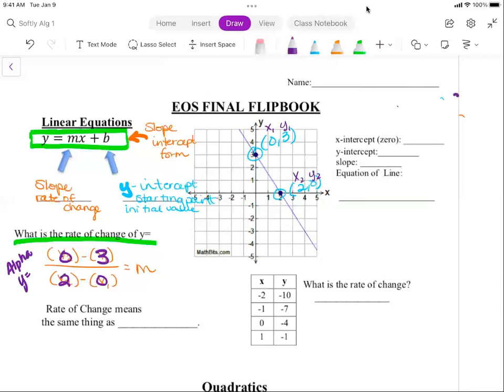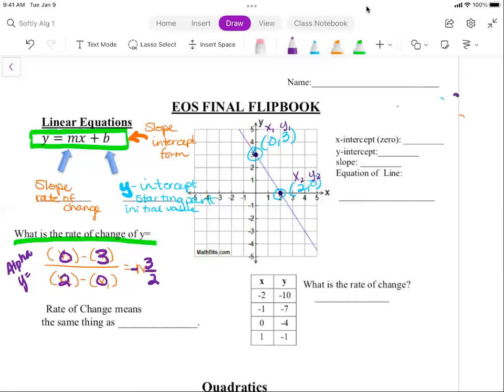So I hit alpha y equals, use the parentheses: (0) minus (3), then go to the bottom, (2) minus (0). And my slope is already in fraction form. That would be -3 over 2. It's that easy. Remember, y2 minus y1 over x2 minus x1.